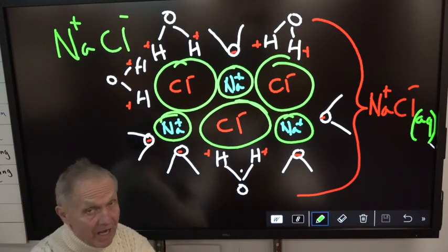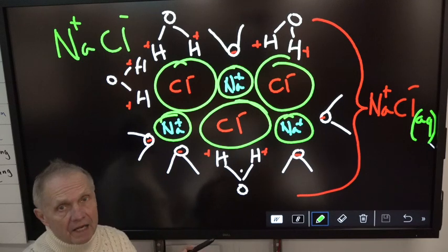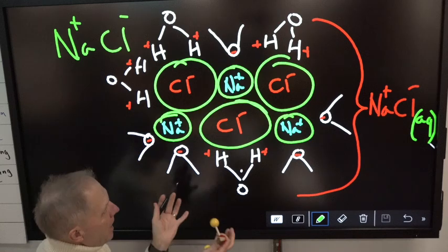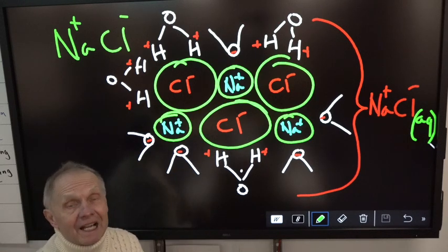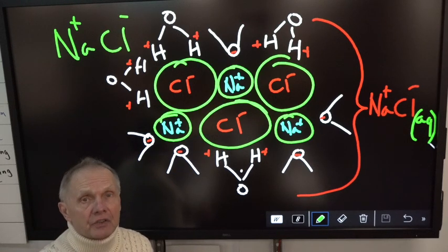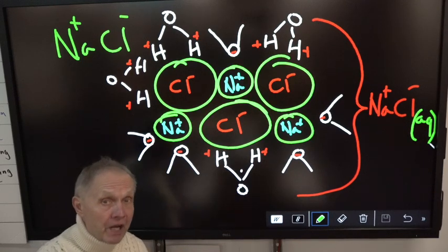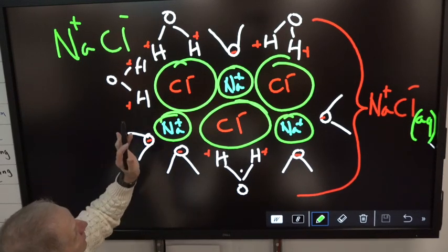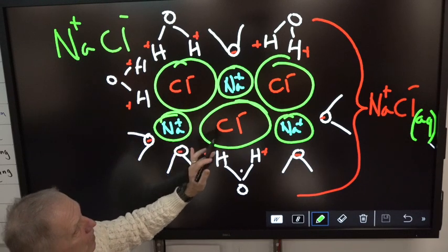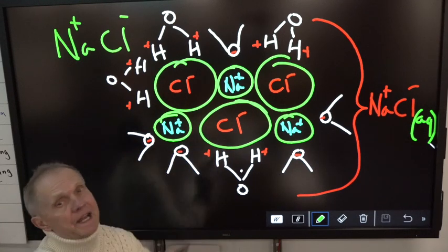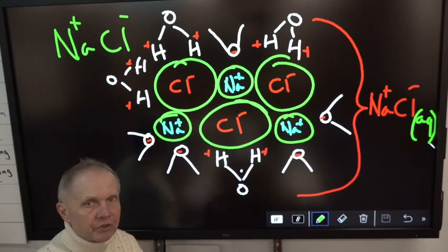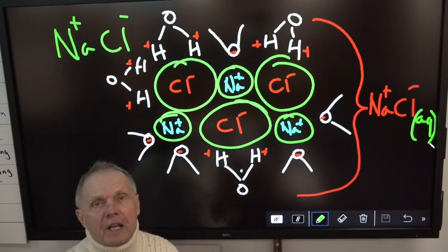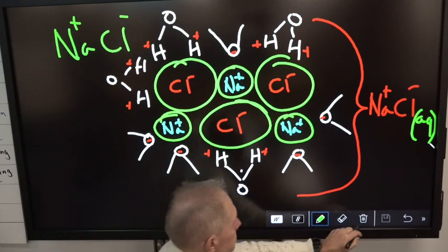Most, not all, but most ionic compounds, when you put them in water, will break up just like this, into ions. And remember, if you have free ions in a solution, it conducts electricity. So this is molecule-ion attraction or hydration of ions. So that one's done. That's a pretty easy one. Once again, just look for the AQ and you've got molecule-ion attraction.